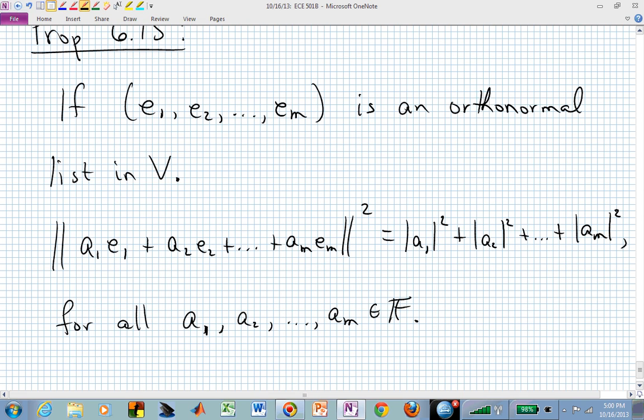So these E's could be really complicated, but they form an orthonormal list of vectors. And now somebody gives us a linear combination of those based on scalars that could be complex, they might be real. But they say, oh, combine those orthonormal vectors, and give me the norm of that. Well, all you have to do is find the absolute value of those scaling factors, square them, add them up, and then if you needed the norm, you'd take the square root of that.